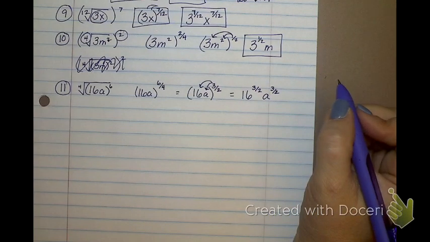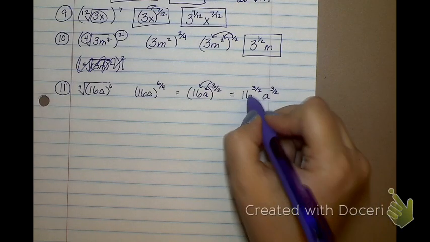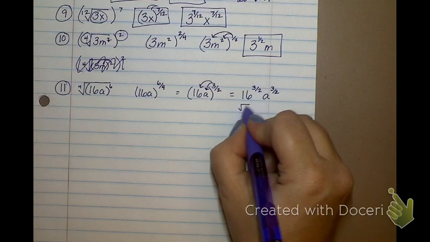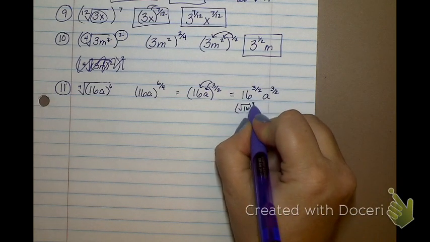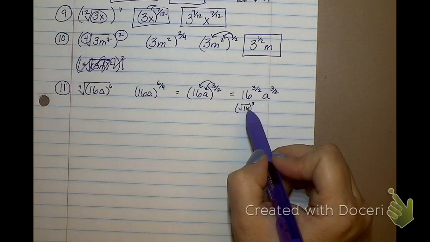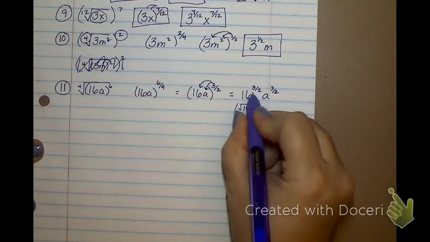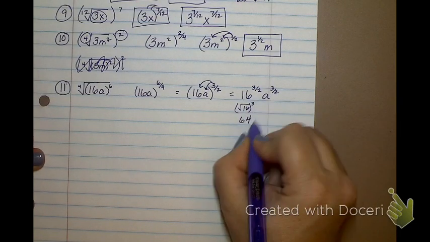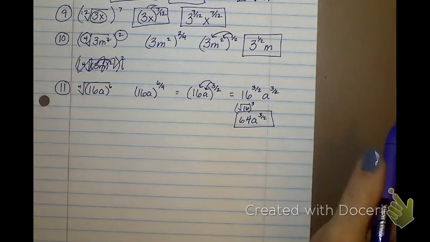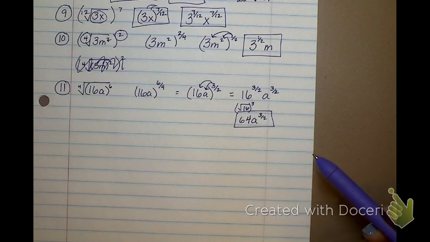Now a to the 3 halves I can't do anything with, but I can do something with 16 to the 3 halves. Because 16 to the 3 halves is the square root of 16 cubed. What's the square root of 16? 4. Cubed, so that simplifies to 64. And then I have the a to the 3 halves. And the 64 doesn't need to be in parentheses because I've already applied the exponent to it to get the 64.